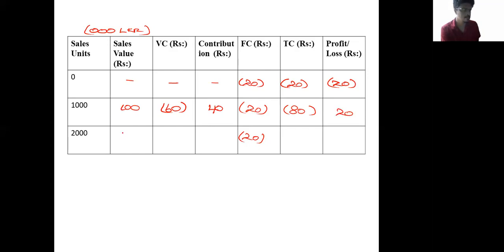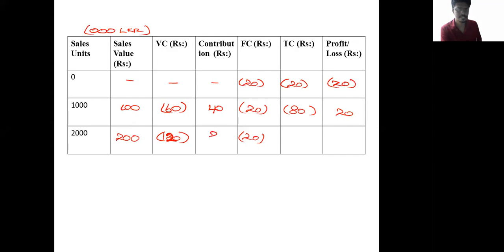Now when it becomes 2,000, sales value 100 into 2,000, that means 200,000. Then variable cost 60 into 2,000, 120,000.